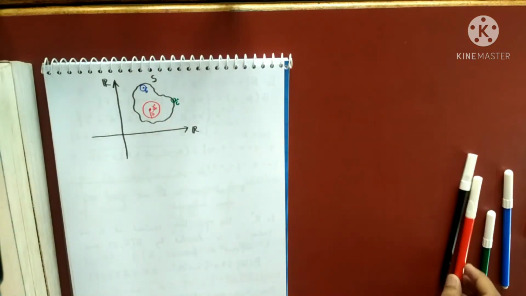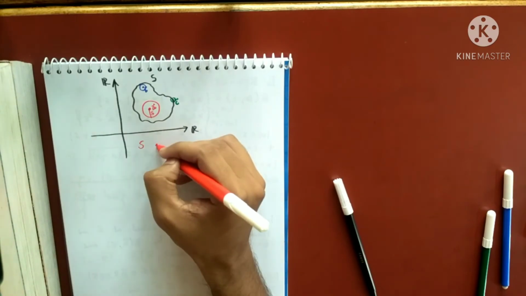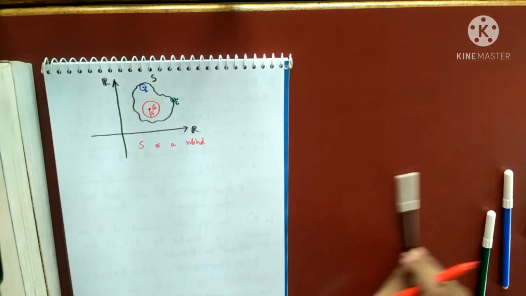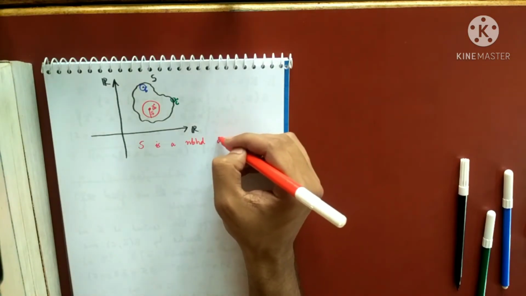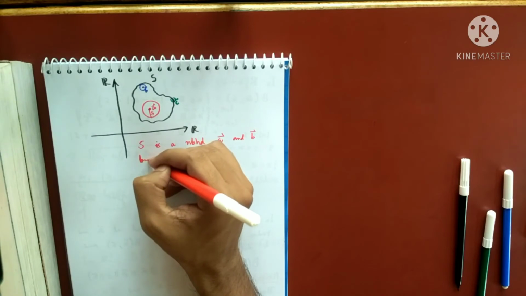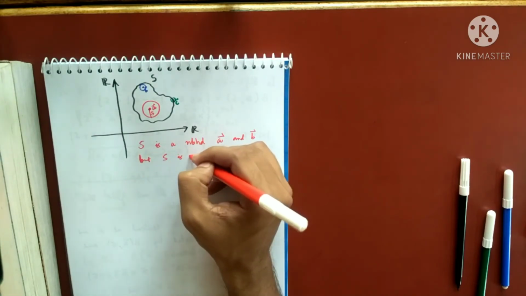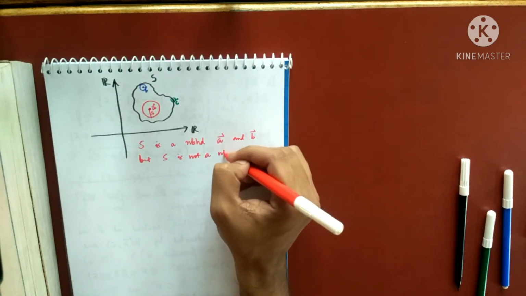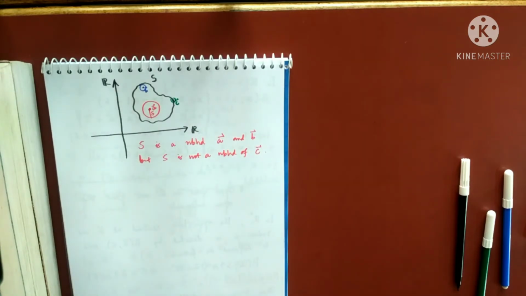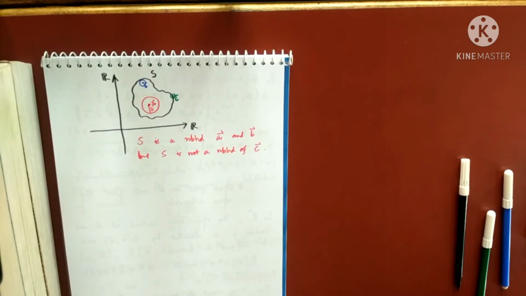So S is a neighborhood, NPD, that will be the short form I'll be using. S is a neighborhood of A and B, but S is not a neighborhood of C. I'm not proving things now. I'll prove everything, don't worry about it. I just want to make the definition clear first. Okay.